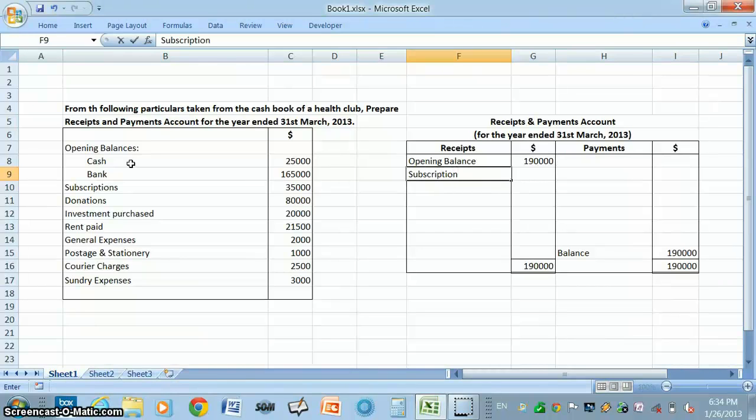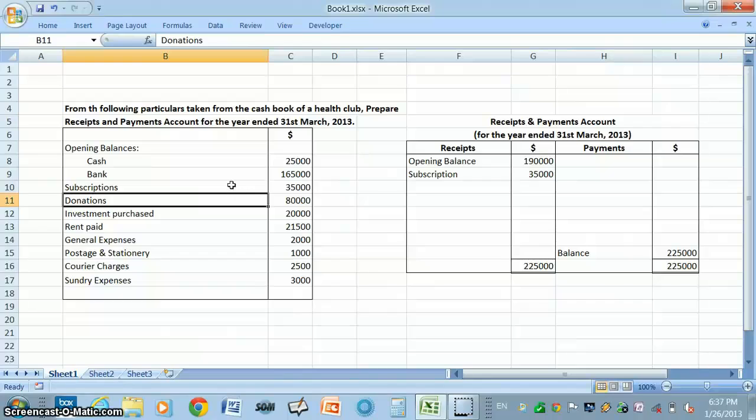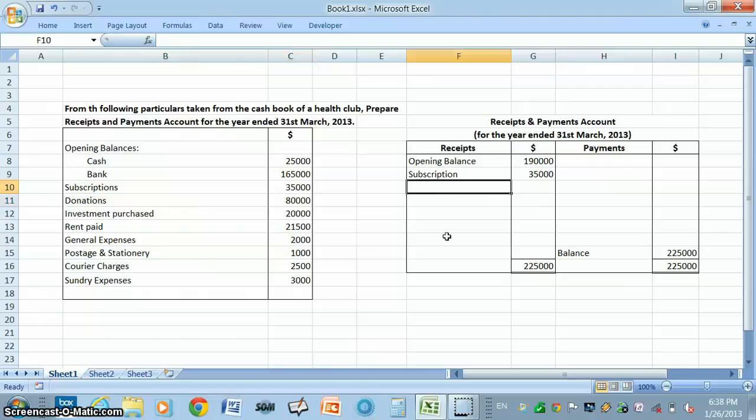After subscription, the next item is donation, which is also a source of receipt. During the year we got $80,000 from this source, so this donation we will show on the receipt side.